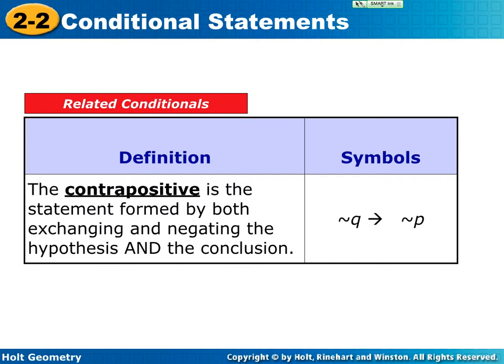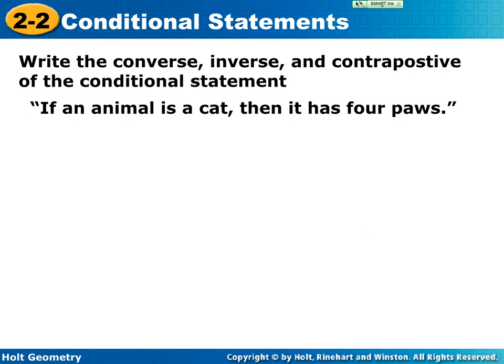All right, so we're going to create these sentences. I think you have an example related to cats and paws. I think that's my first set of examples. All right, so my original statement is, if an animal is a cat, then it has 4 paws. Now for us to make these easily, let's pick out what's the hypothesis, what's the conclusion.